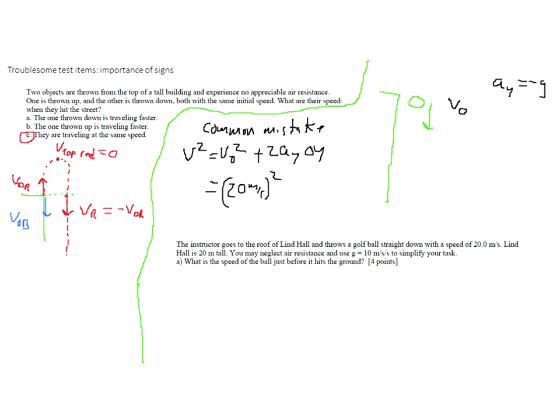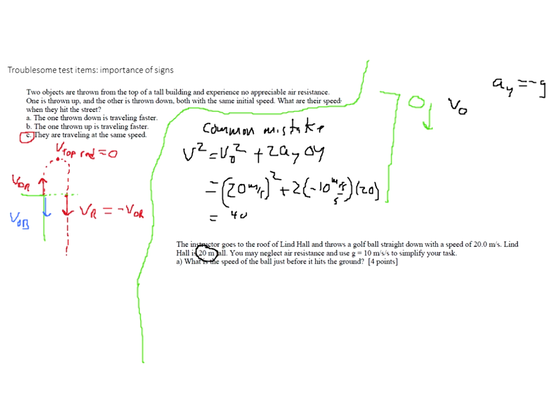So people said, V squared is 20 meters per second squared plus 2 times negative 10 meters per second squared. And it says that it's 20 meters tall.